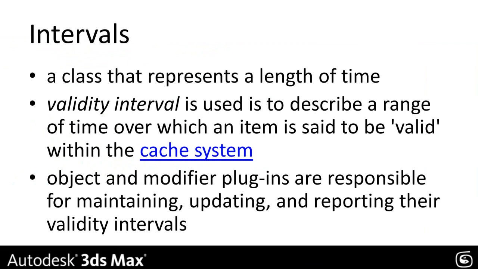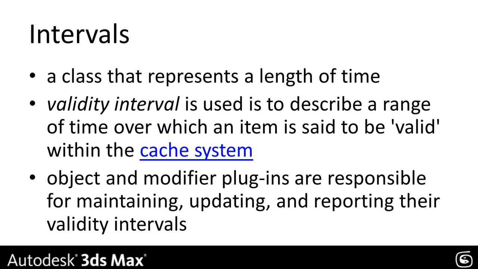Alright, so now we're going to talk in more detail about intervals. So again, it's a class that represents a length of time. A validity interval is used to describe a range of time over which an item is said to be valid within the cache system. So you remember we talked about this in the geometry pipeline discussion, also in the modifiers.